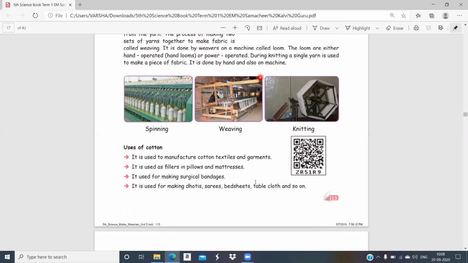It is used for making dhotis, saris, bedsheets, tablecloths and soap. These are the uses of cotton: pillows and mattresses are filled with cotton inside, and it is also used for bandages.